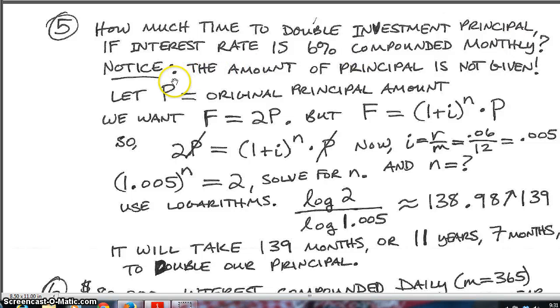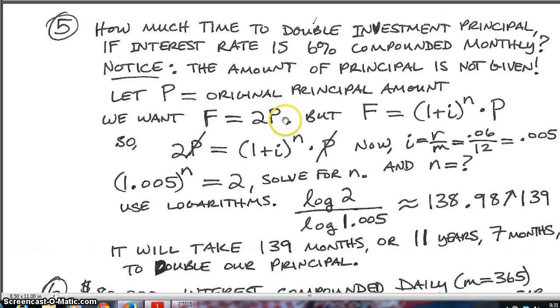Just call it P, the original principal amount. Now, what we're trying to do is find the future value to be equal to 2 times the principal amount. We want to have the future value be twice the original amount. That's what it means for it to double. But the future value is (1 plus i) to the n times P. So we should be able to set this equal to 2P.